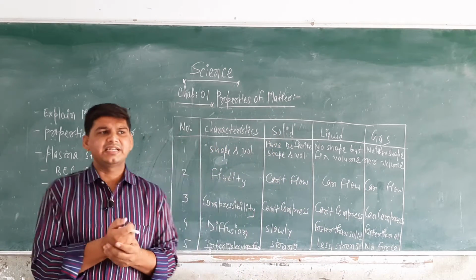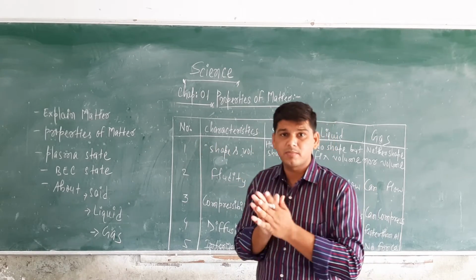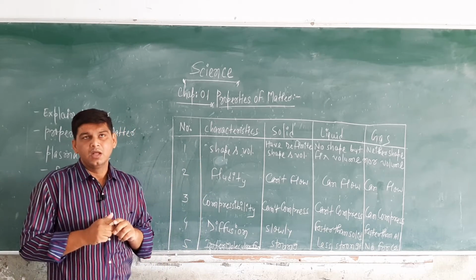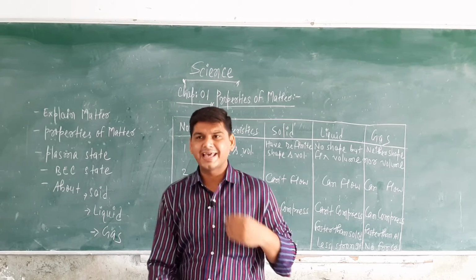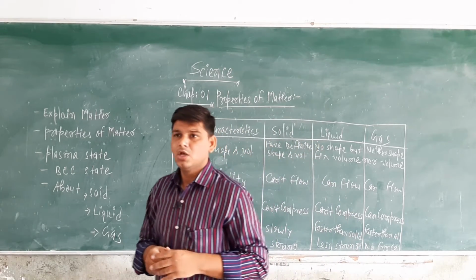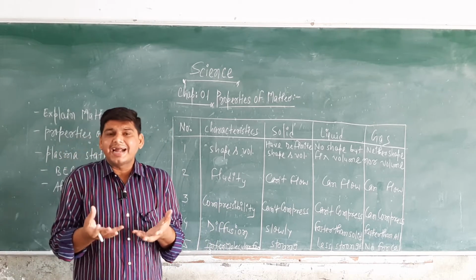Now, how can we see it? Stars, the sun, as well as neon bulbs and fluorescent bulbs all have plasma gases. When we discuss plasma formation, stars have helium gas, which is under high temperature.